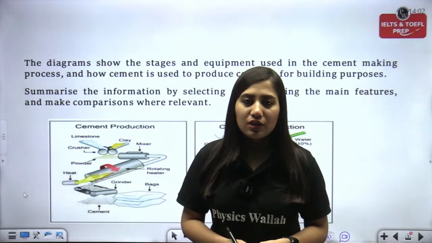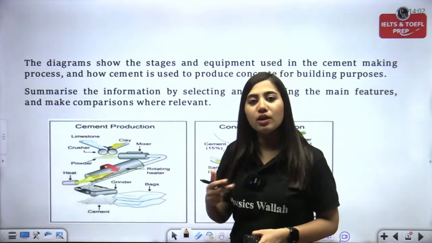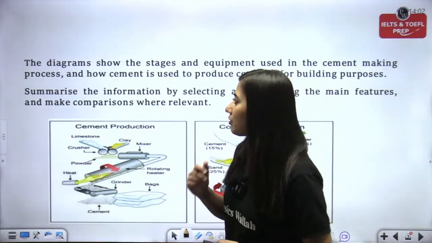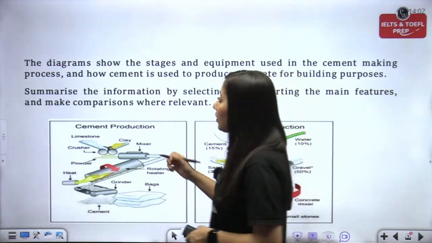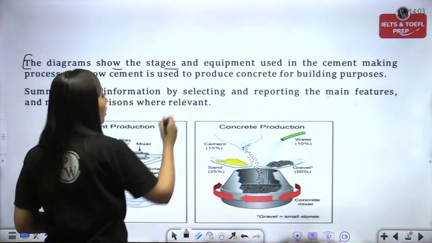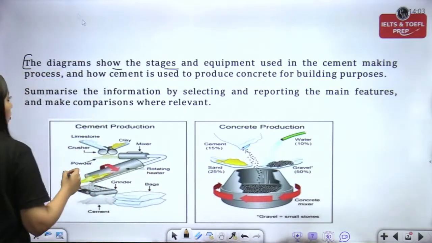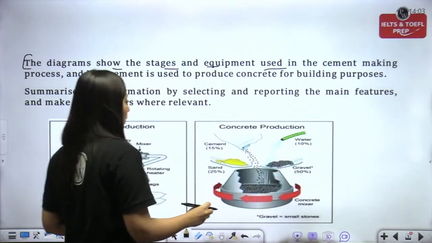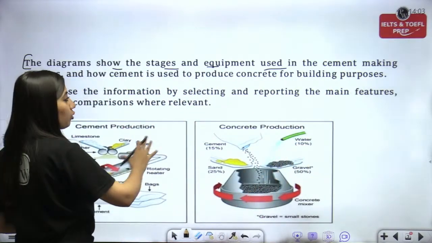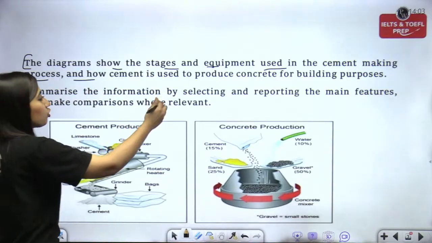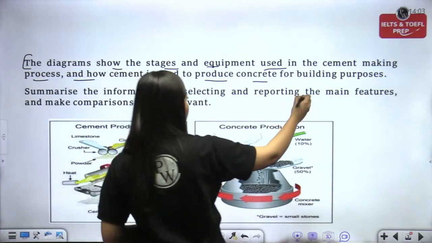The very first thing is that you need to read the question in order to understand the figure properly. The reading of the question is very important. So let's read it. It says that the diagrams show the stages and equipment used in the cement making process and how cement is used to produce concrete for building purposes.